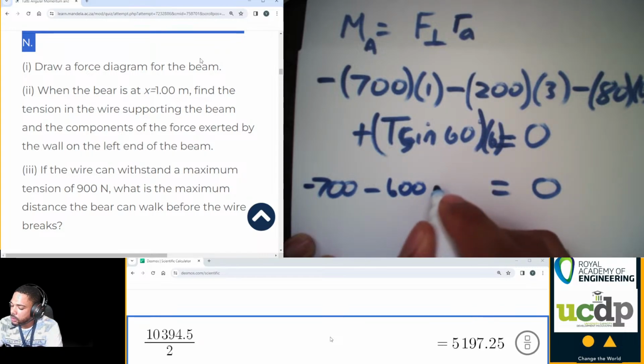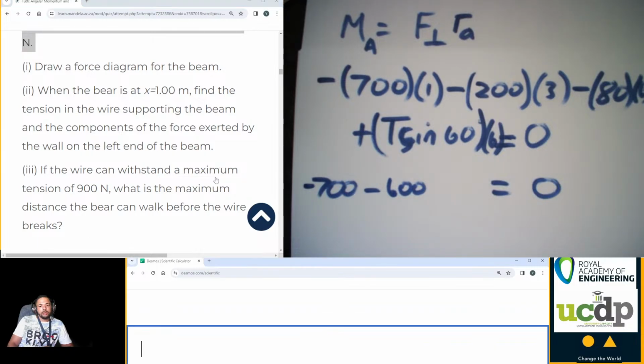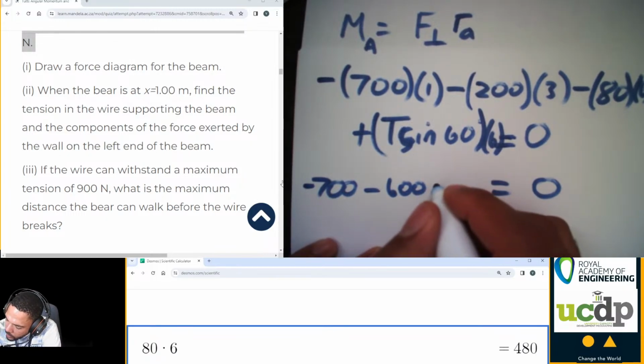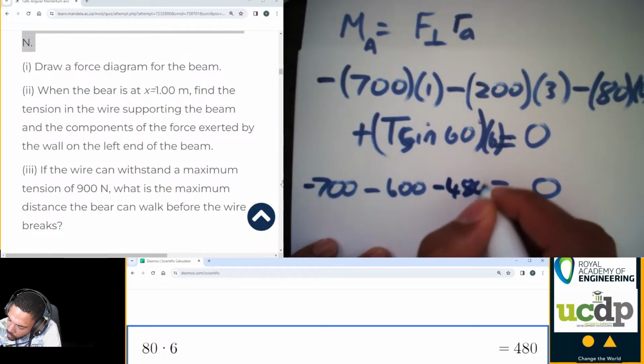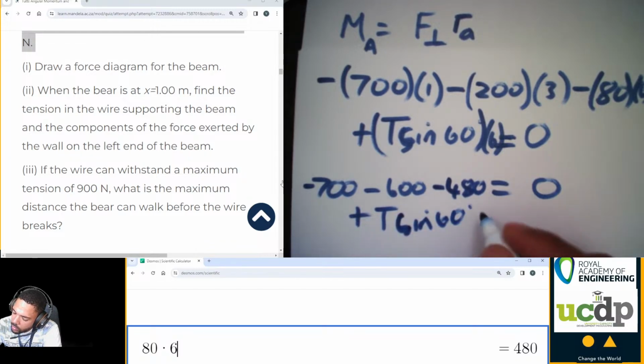Of course, I'm not putting the units. 80 times 6, on my calculator, is 480, negative 480, plus T sine 60 times 6. That all is equal to 0.